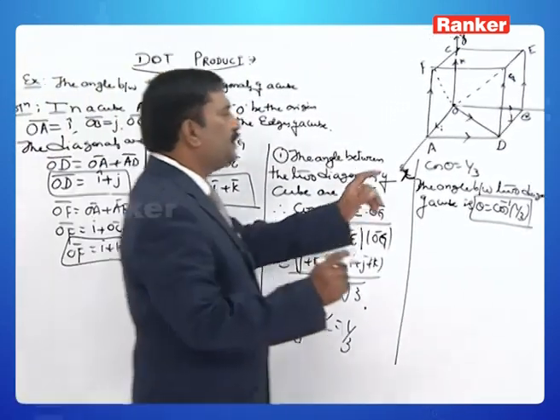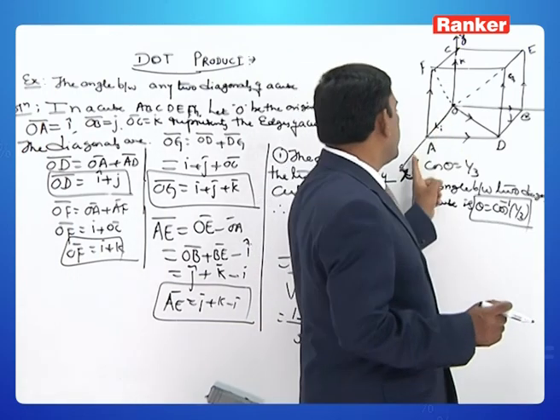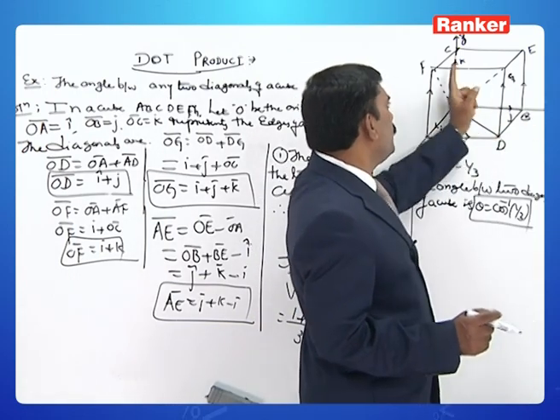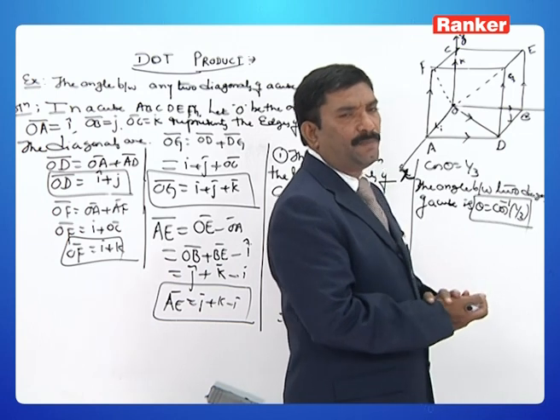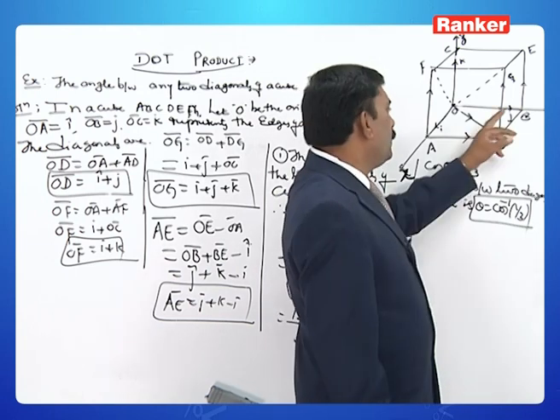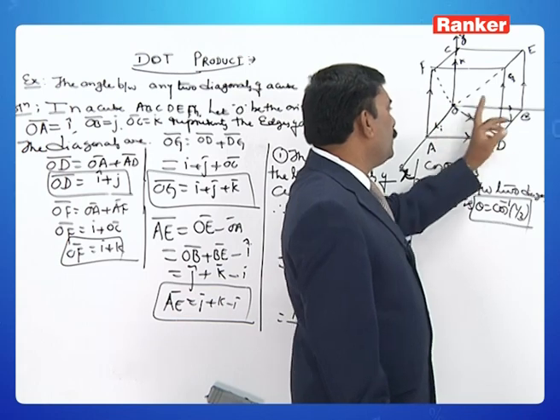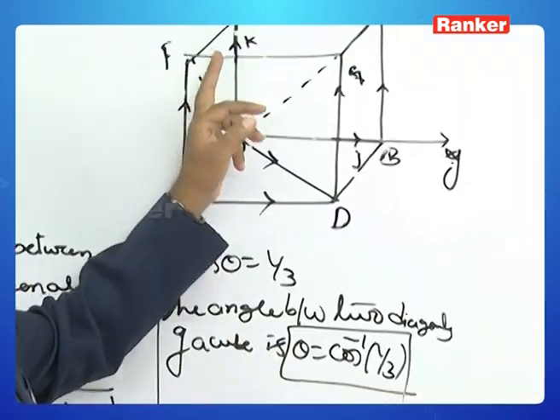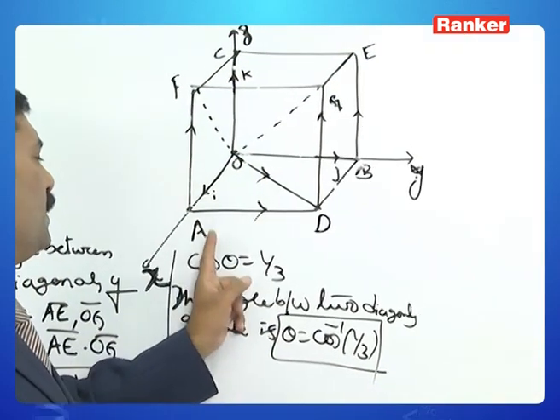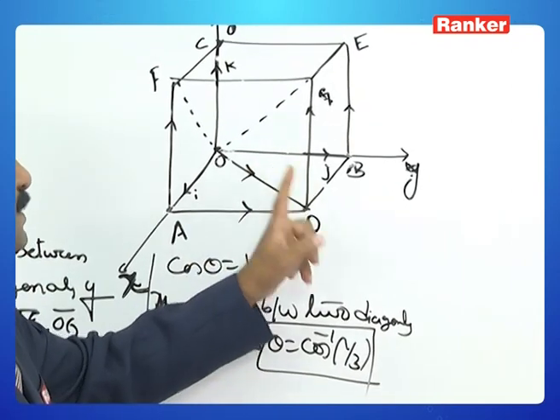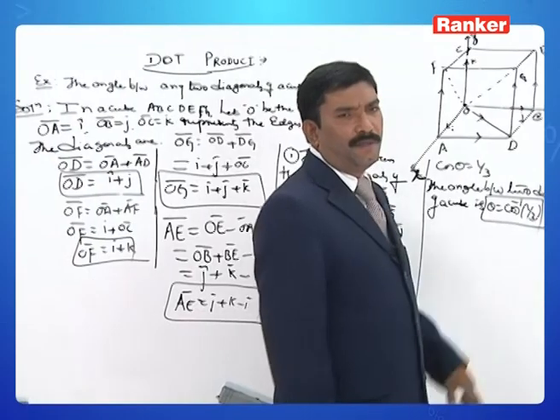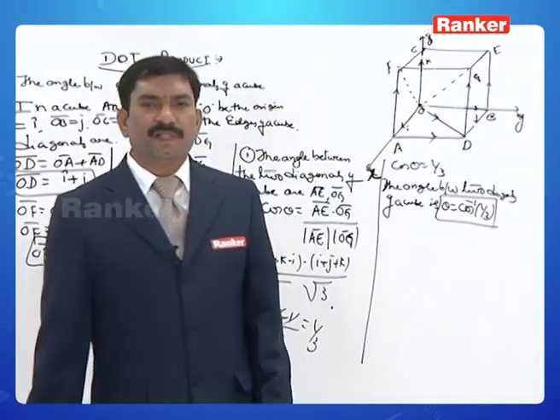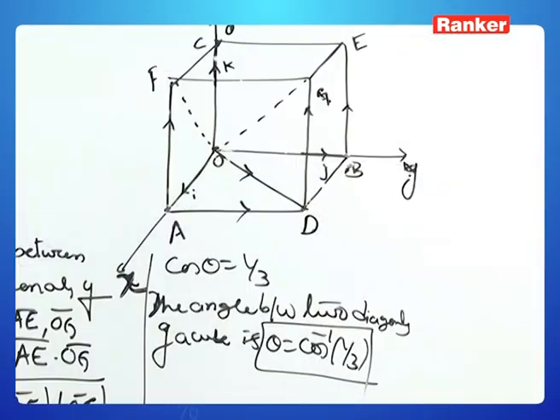Let us assume that OA is along the x-axis, OB along the y-axis, OC along the z-axis. We always represent the x-axis with I. Means OA is equal to I, OB is equal to J, OC is equal to K. Therefore, A is 1, 0, 0, B is 0, 1, 0, C is 0, 0, 1.